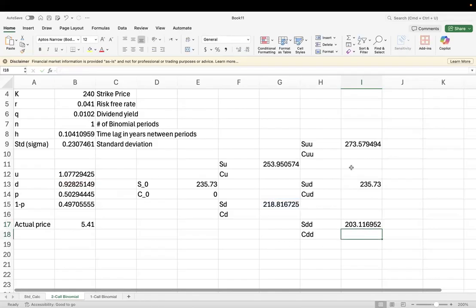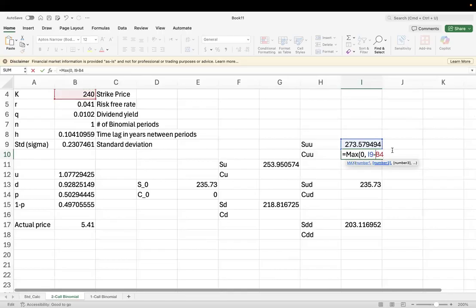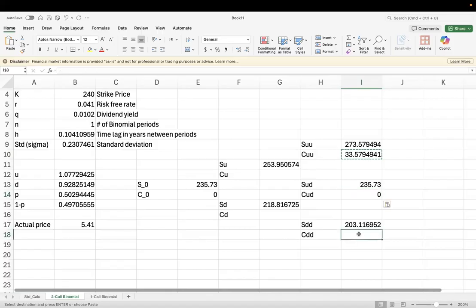And then the formula here is max. Then we would say max of 0 and this minus strike price. And I want to fix the formula for strike price because I don't want that to change. It would always be minus strike price. Perfect.